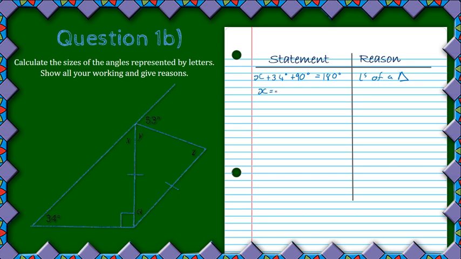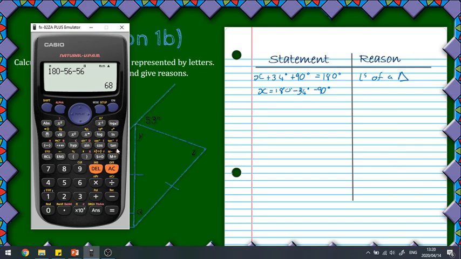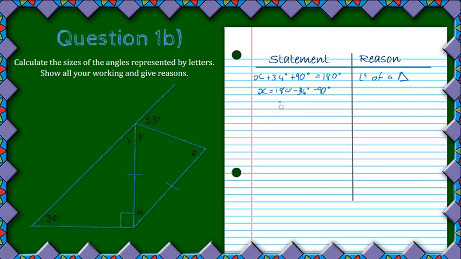So X will then be equal to 180 degrees minus 34 degrees minus 90 degrees, and that's equal to 56 degrees. So X is equal to 56 degrees. All right, now we need to find y. So all three of these angles lie on a straight line.